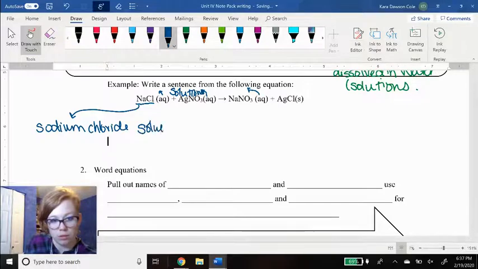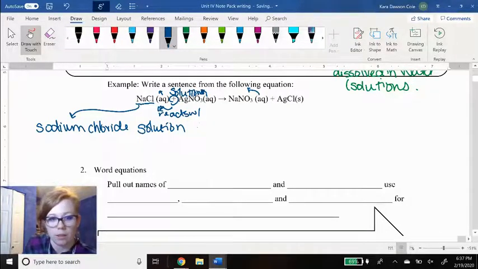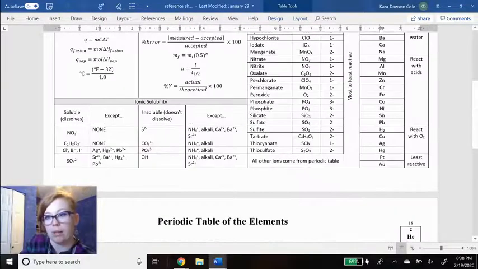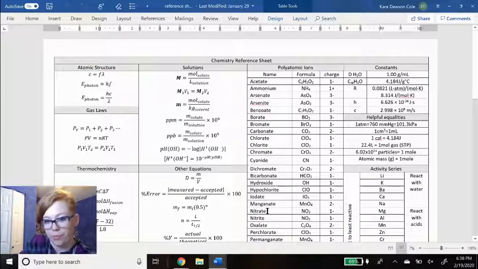solution, because it's aqueous. This little plus sign reads "reacts with." So sodium chloride solution reacts with Ag. If you don't know what this is, it is silver. NO3 is going to be on the back of your periodic table.